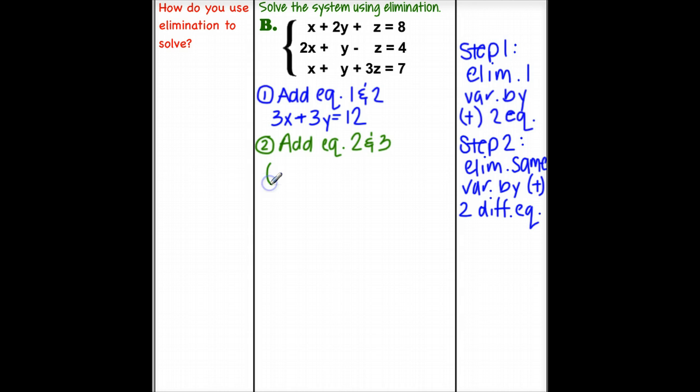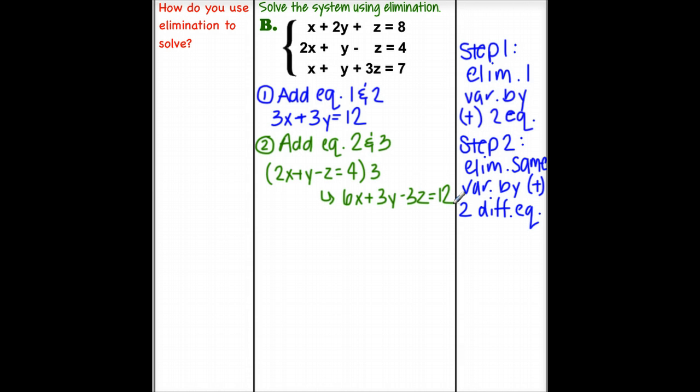So I'm going to write down 2x plus y minus z equal to 4, and we're going to multiply that by 3, which gives me 6x plus 3y minus 3z equal to 12.